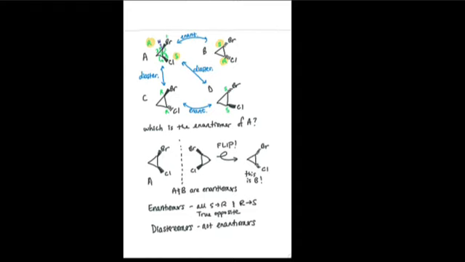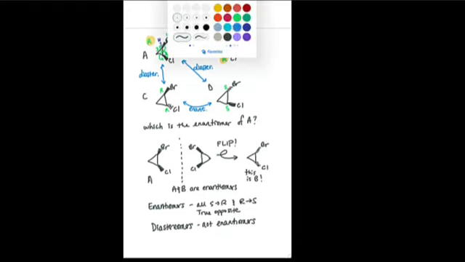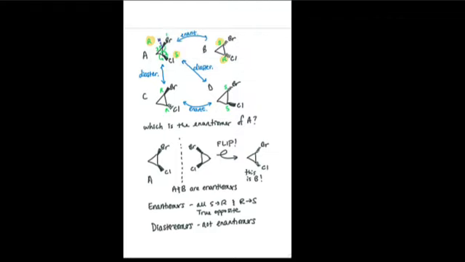Okay, and diastereomers then are stereoisomers in which not all stereocenters have flipped from R to S or S to R. All right, not all of them, so less than all of them, and that would make it a diastereomer.